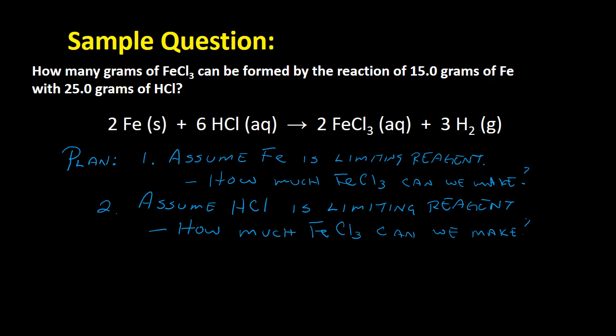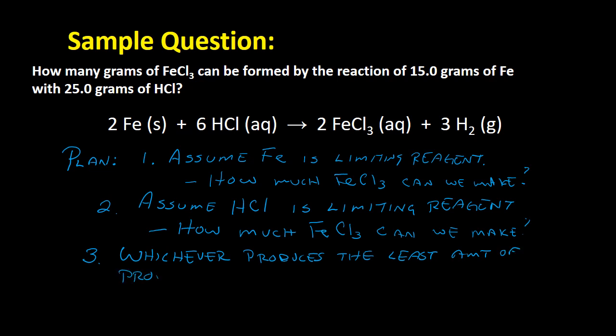And then, just like with the chocolate chips, whichever of those two produces the least amount of product is actually the limiting reagent.